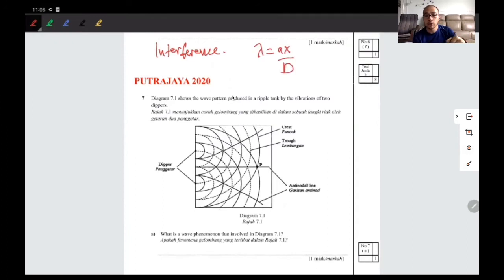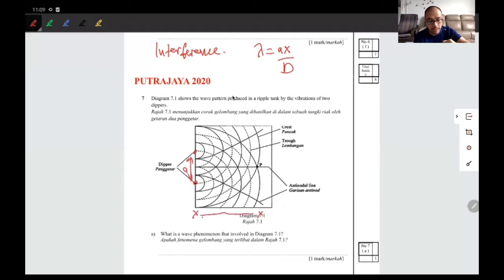I'm going to show you this ripple tank, just to remind you where is A, where is X, where is D. Wavelength is the distance between 2 crests or 2 troughs. A is the distance between the 2 dippers. So this is A. D is the distance between the 2 sources until the place where you are measuring.